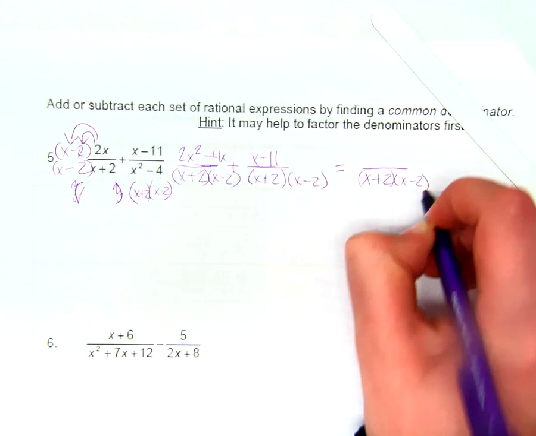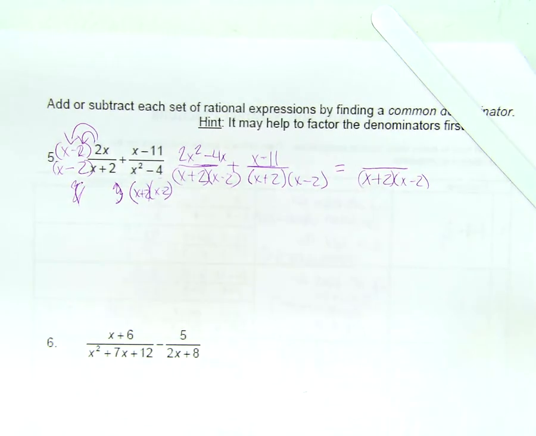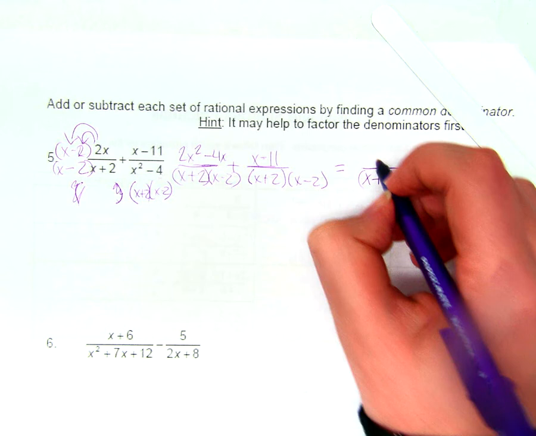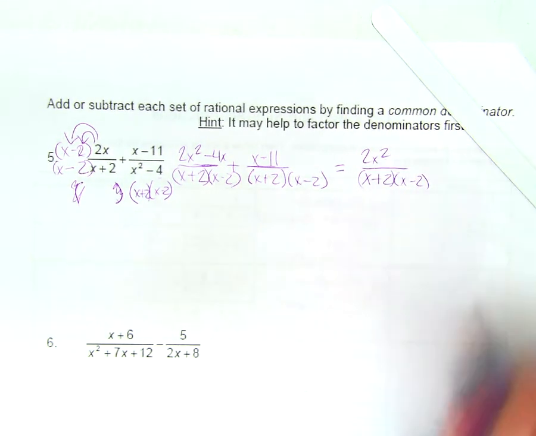Yes. Okay. Now let's combine our numerators. Let's add. What do I do with the 2x squared? Is there another x squared term to add it to? Then it goes right to the numerator over here. 2x squared. What do I do with the negative 4x?